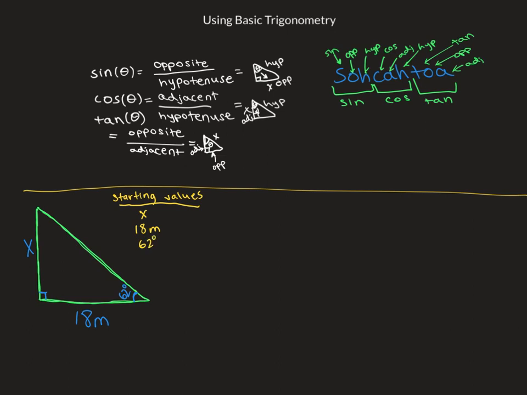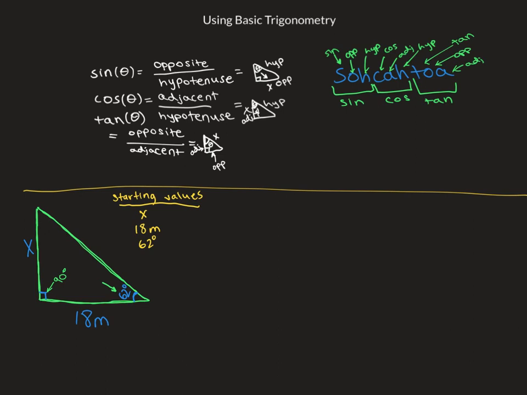Now, what we can deduce from our starting values is that we have a 90 degrees here, but that just determines that it's a right triangle. And we have no theta given, so there's no obvious theta. Sometimes you can get a leg and be asked to solve for theta, but in this case, we're given theta and asked to solve for a leg.